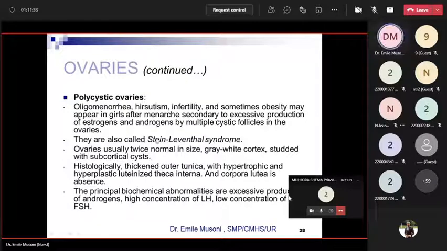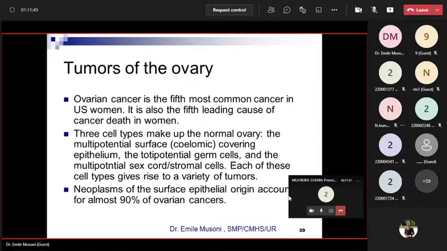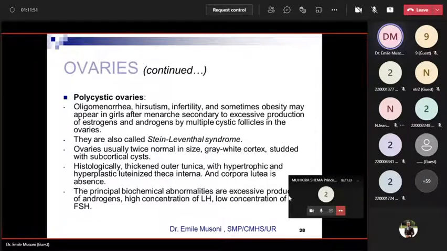Commonly, it is known as Stein-Leventhal syndrome. In that case, the ovary has several cysts. The problem is that it can cause infertility. Otherwise, it is benign, but the problem is it can cause infertility.